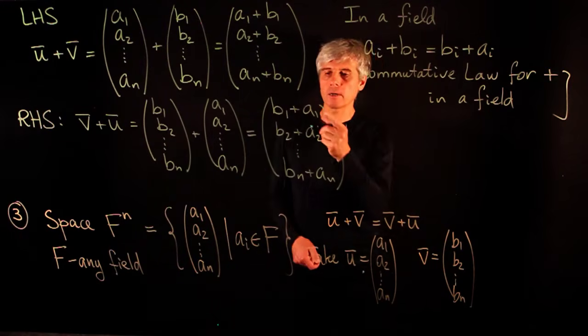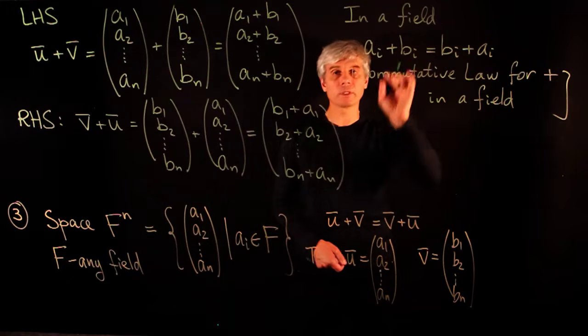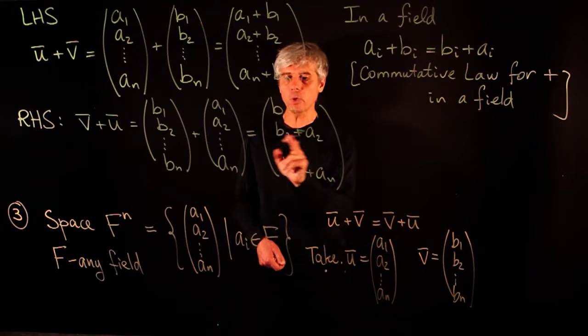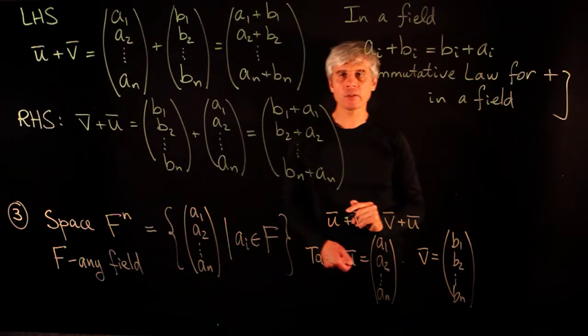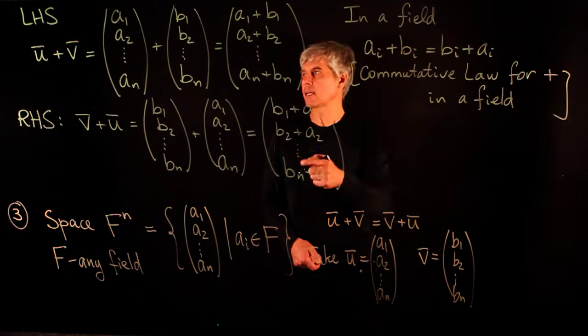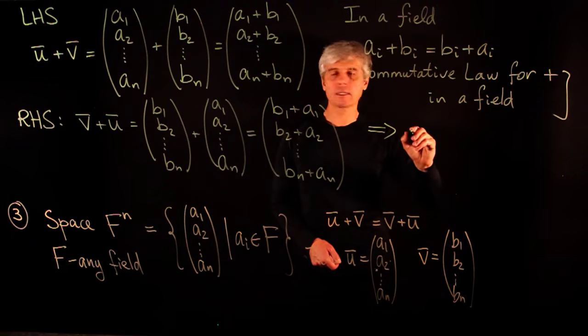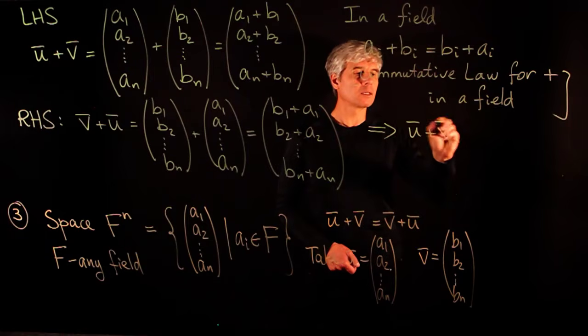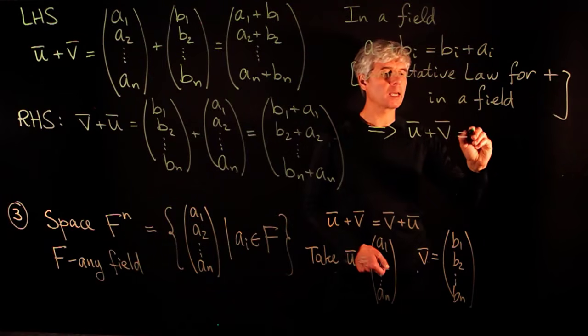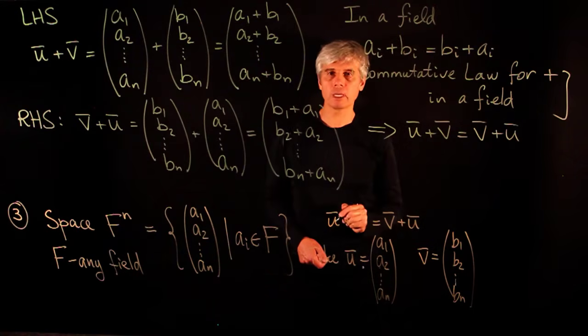Right, so because here the components of these n-tuples are elements of a field, and for each component we can apply the axiom of a field, from here we see that u plus v is the same as v plus u, because these two n-tuples have equal components.